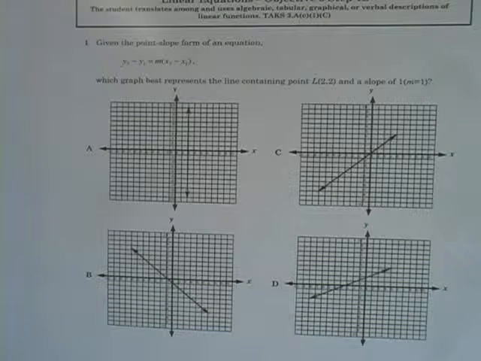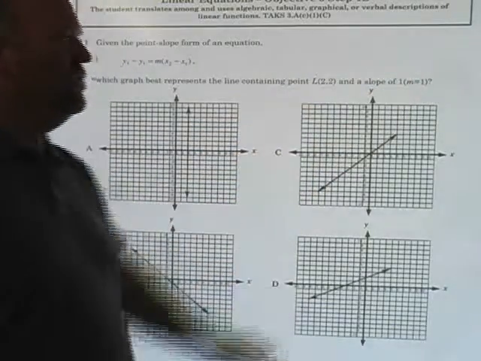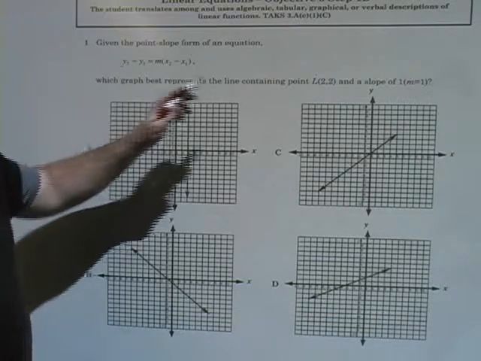Okay, given the point-slope form of an equation, and you don't actually need to use that formula here, they're giving you a point and they're giving you a slope. So let's go find that point first of all. 2, 2?